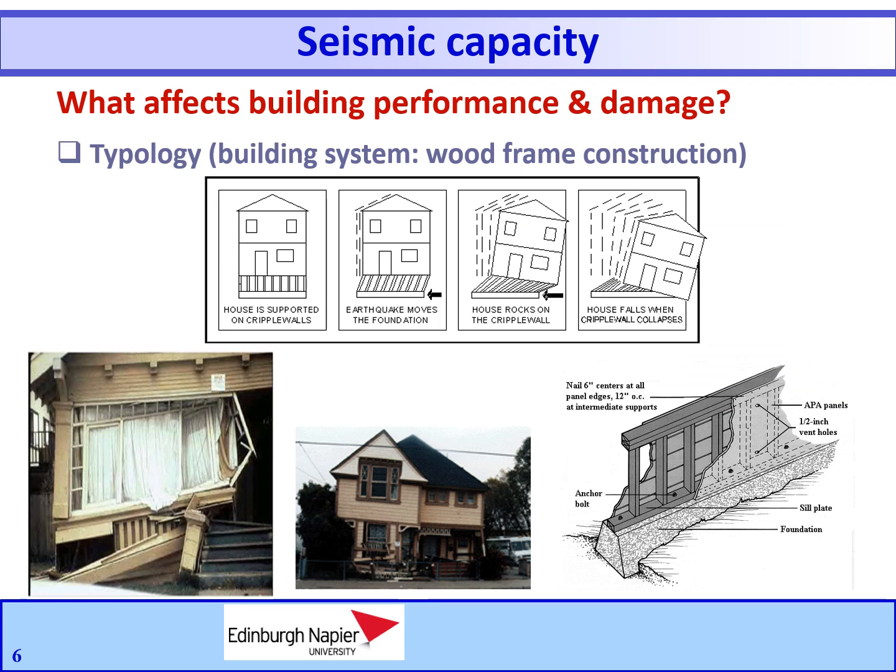Another example here of wood frame construction with potentially problematic response to earthquakes is this case where the house is supported on cripple walls, and when the earthquake motion moves the foundation excessively, then the house rocks on the cripple wall and eventually falls when the wall collapses.